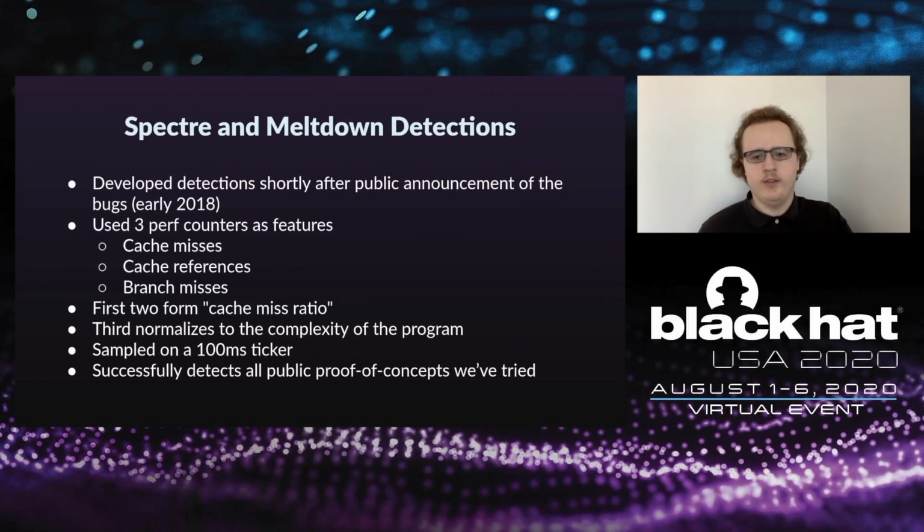So we developed detections for Spectre and Meltdown using 3 counters early in 2018. We used the total number of cache misses, the number of cache references, and the number of branch misses. The first 2 form effectively the cache miss ratio, and then the third was actually chosen just by experimentation, but makes sense looking back after the fact. Basically, it normalizes to the complexity of the program.